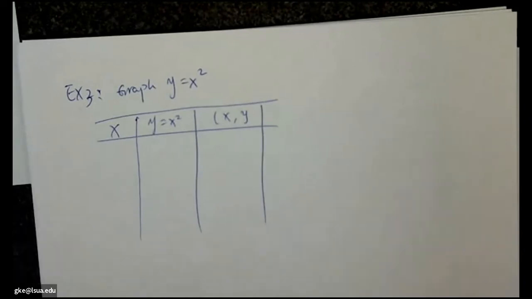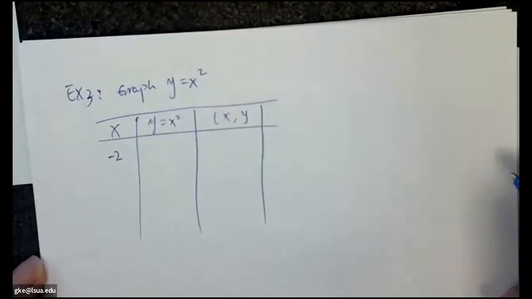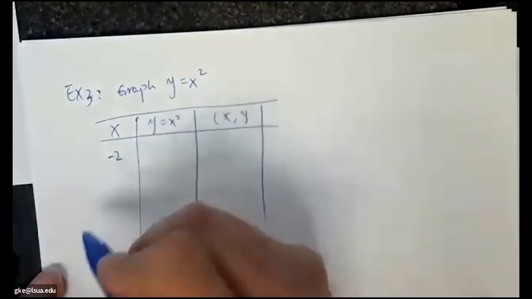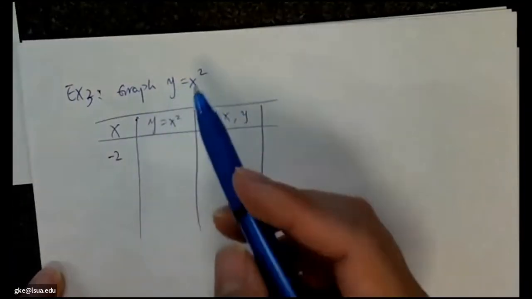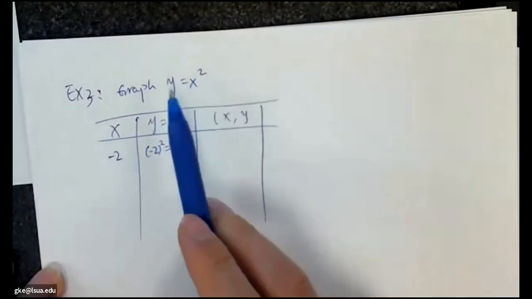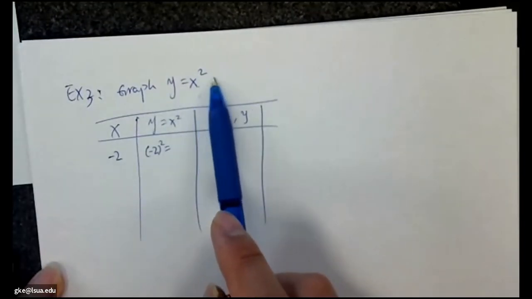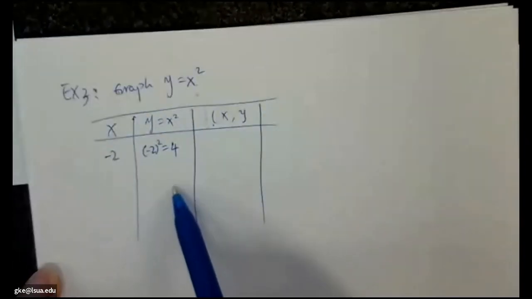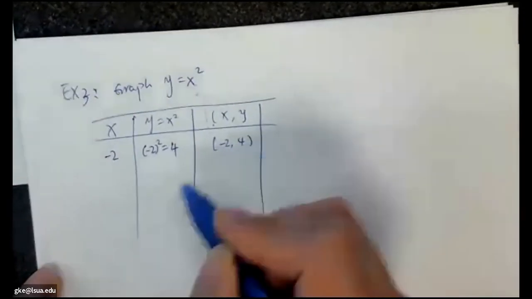So if I pick x equals -2, then we can calculate the y value. The y value is going to be -2 squared, right? Plug in the -2, we get 4, right? And then we know the first point is (-2, 4).